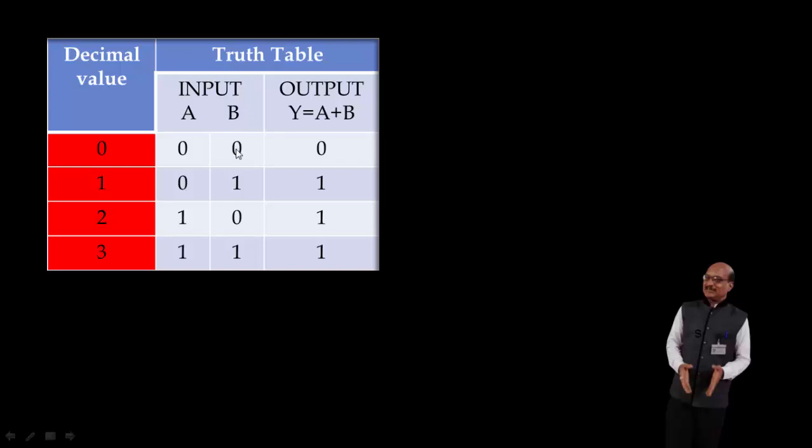So what is the meaning of truth table? This is a table which gives the output corresponding to different values of inputs.